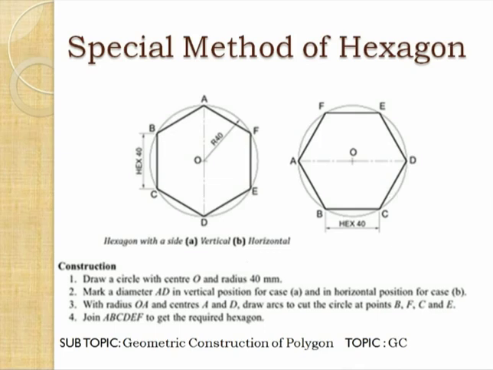So where you take the initial point for drawing the arc on the circle will decide whether to draw the vertical hexagon or horizontal hexagon. Here the theme is we are taking the radius of the circle equal to the side of the hexagon.